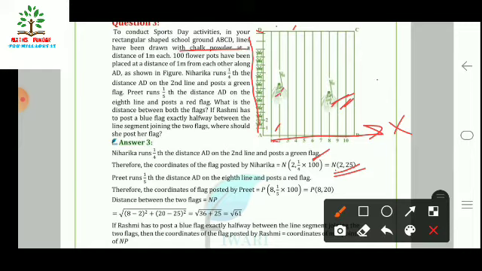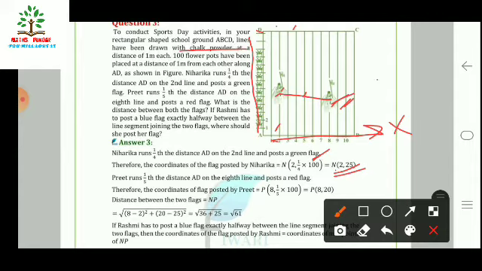And if Rashmi has to post a blue flag exactly halfway between the line segments, if we join these, this is the line segment, and halfway means somewhere here. That also we have to find: the point where they are posting this, in the middle of the position of Preet and the position of Niharika.